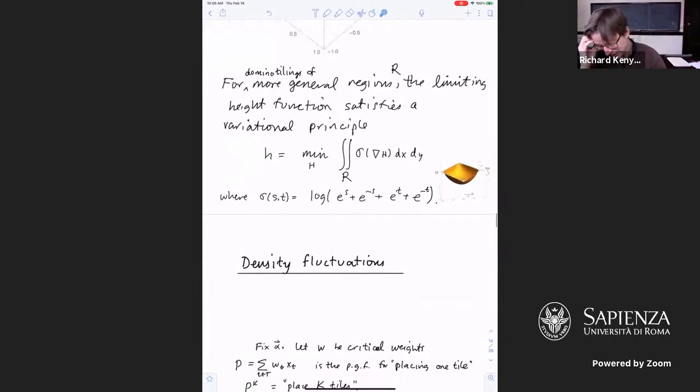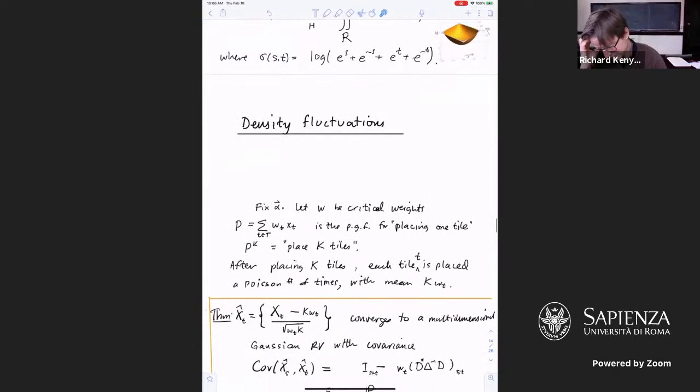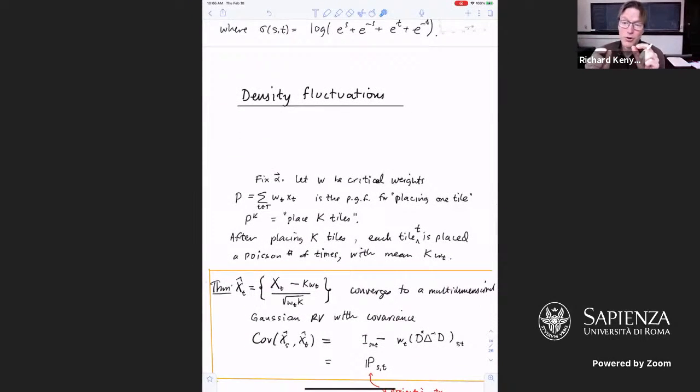In particular, when I have a random tiling, each tile occurs with a certain multiplicity. We have a finite set of tiles, and each tile gets lifted into the upper graph with some multiplicity, and that multiplicity is a random variable. And we would like to understand that.